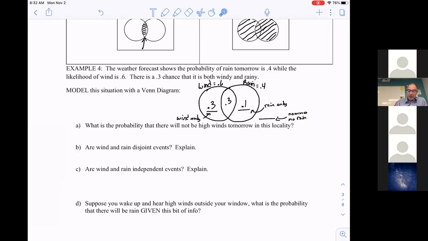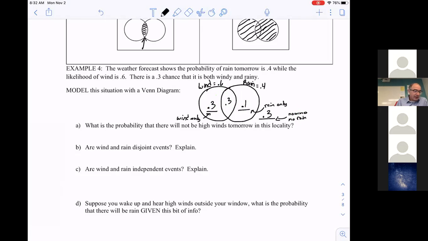We have 30 and 30 to give me that 60%. We're going to add one more onto that. That's 70%. Unfortunately, this is a really ugly problem. I should change that because there are too many 0.3s. But if there's a 70% chance of wind or rain, that means there's a 30% chance of no rain. So what is the probability that there will not be high winds in this locality tomorrow?